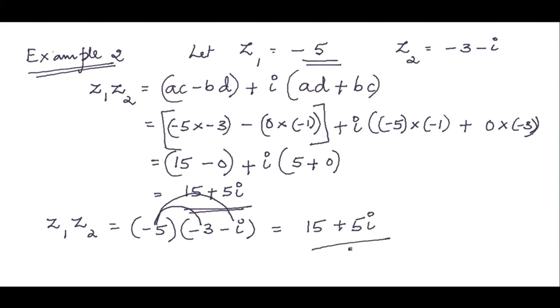So both the answers, if you check, are the same in both the methods. You can go for any method which is convenient for you. So this is the final answer, and this is how we do multiplication of two complex numbers.